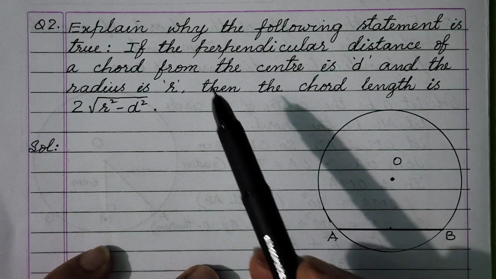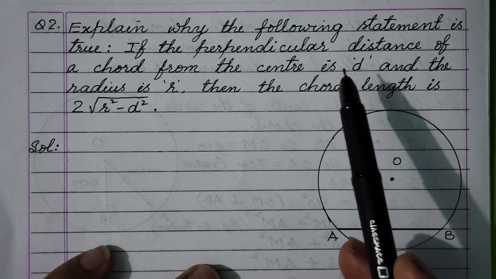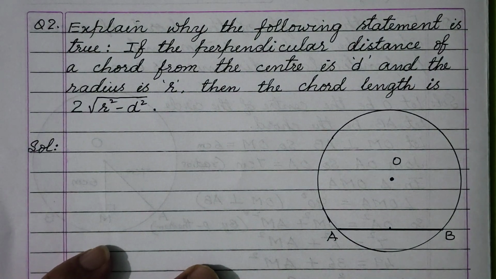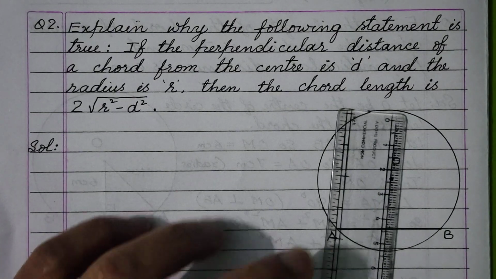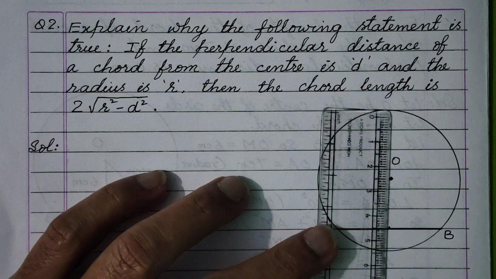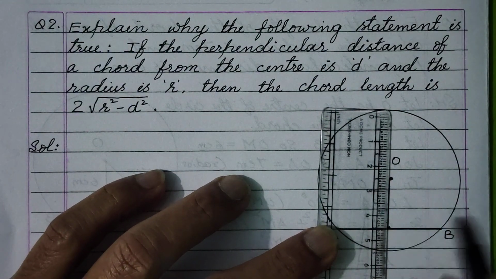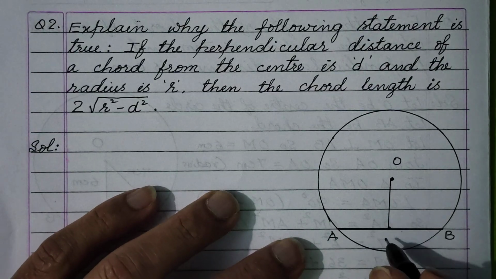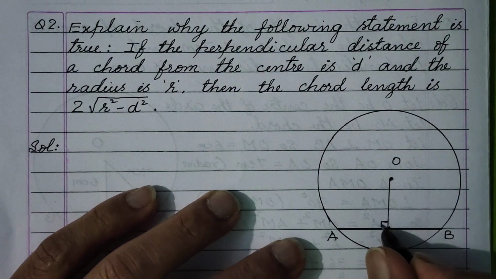Here, if the perpendicular distance of the chord from the center is d, so we will draw a perpendicular from the center to the chord. Let OM be perpendicular to AB.